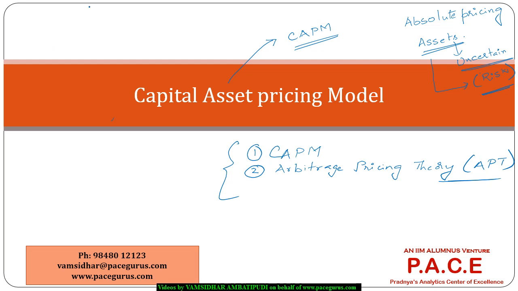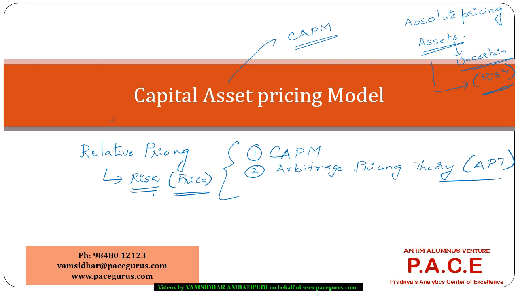One more important point before we move further: we have to understand the concept of relative pricing. The relative pricing concept says that when I am talking about the risk of a particular security, that risk is already bundled into its price.